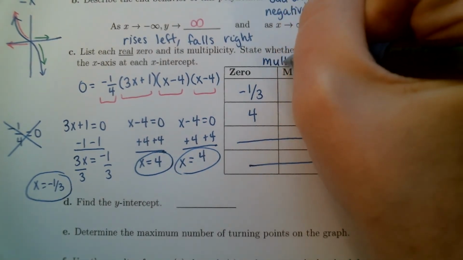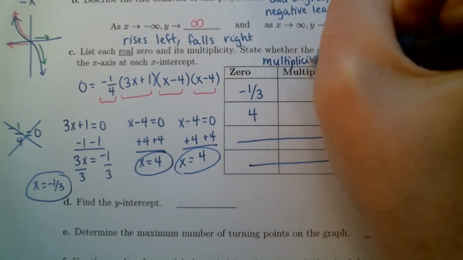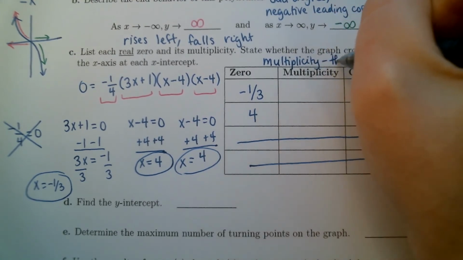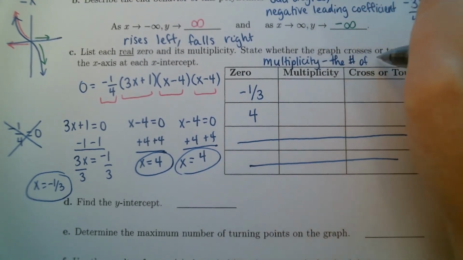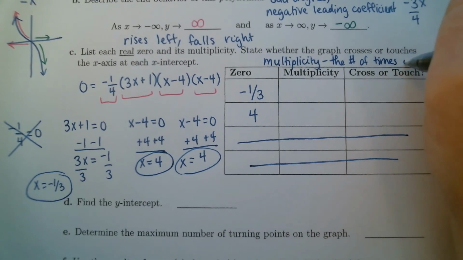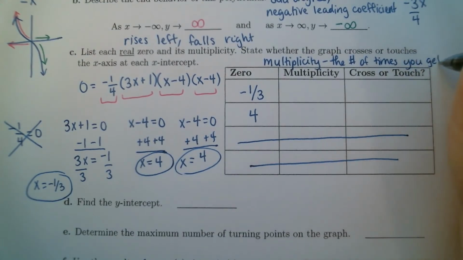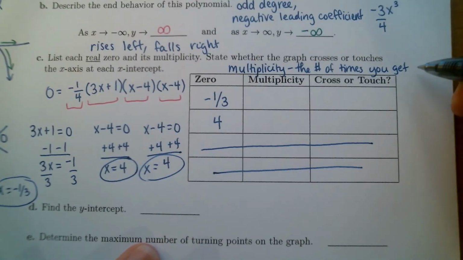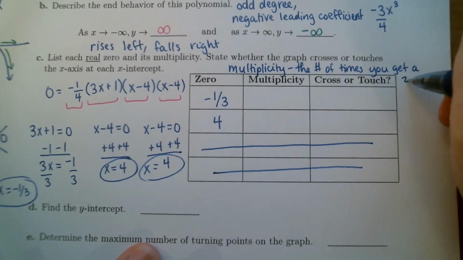Multiplicity is the number of times you get a 0 as an x-intercept.